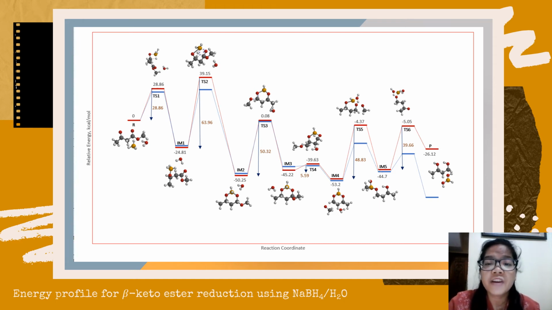The higher activation energies found for TS1 and TS2 can be mainly attributed to the unusual hydrogen bonds in boron hydrides, also called dihydrogen bonding. Therefore, compared to the sodium borohydride water system, the sodium borohydride in methanol system is the more effective one for the reduction of beta-keto ester.